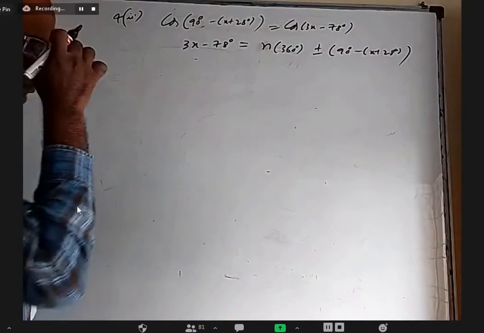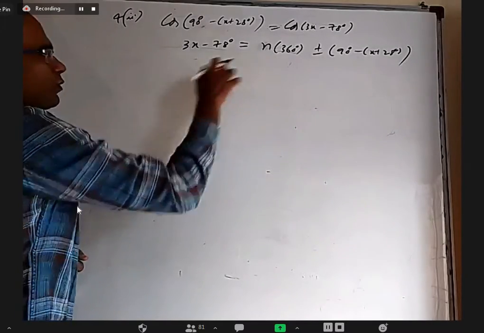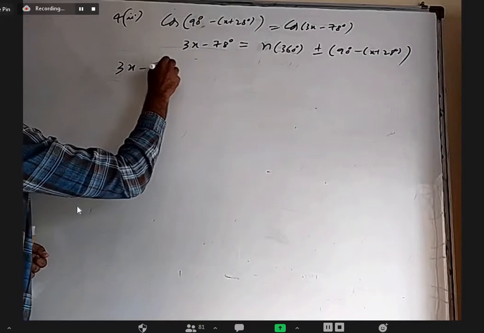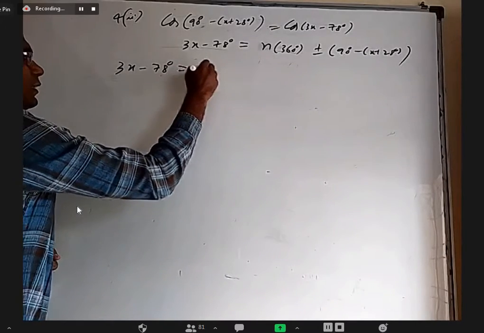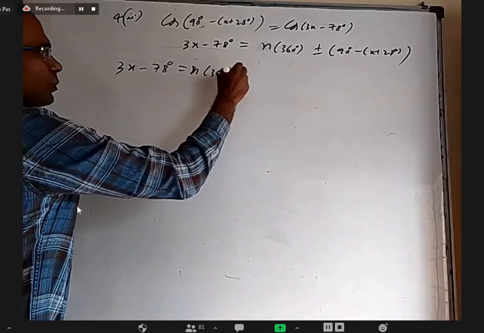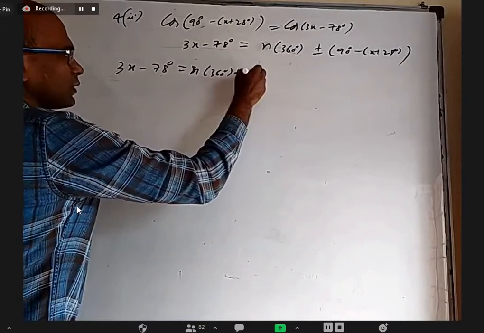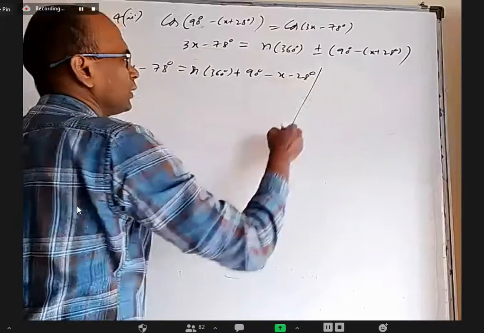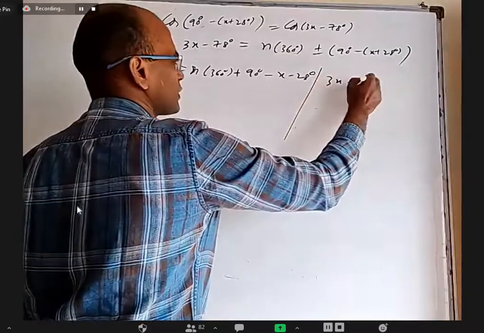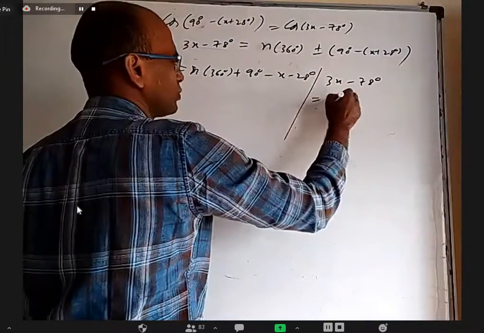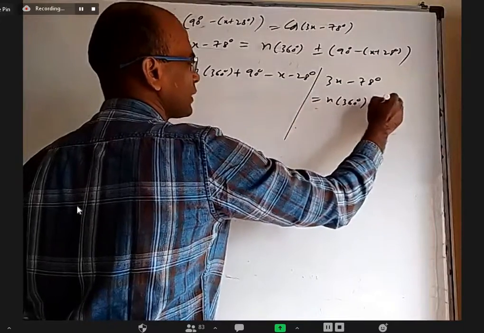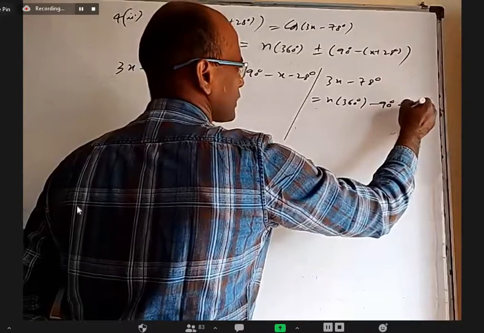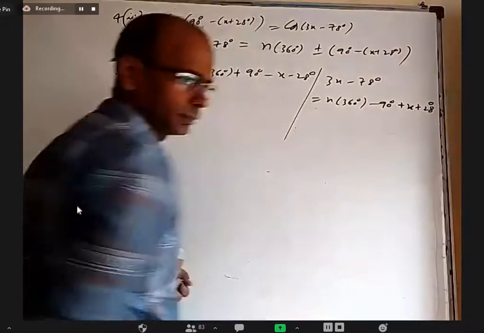Okay, so when I take plus, 3x minus 78 equal to n times 360 plus 90 minus x minus 28. Another one is 3x minus 78 degrees is equal to n into 360 minus 90 plus x plus 28.